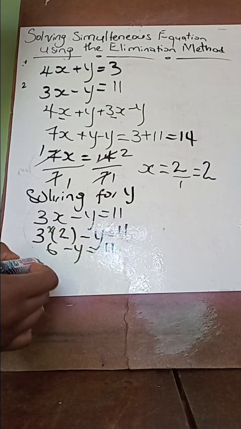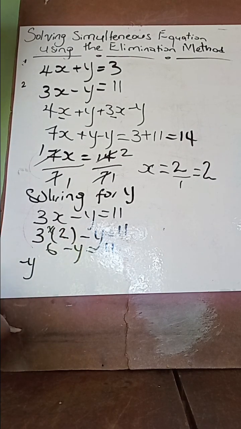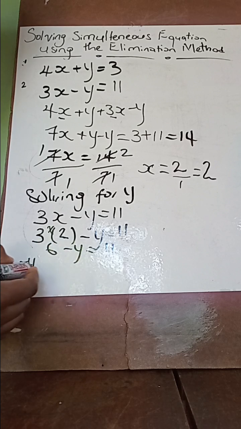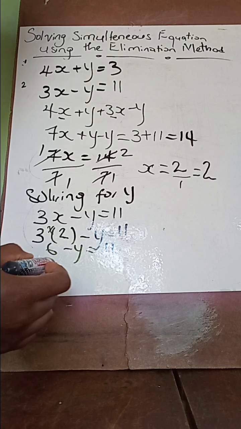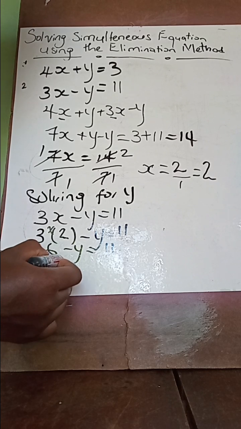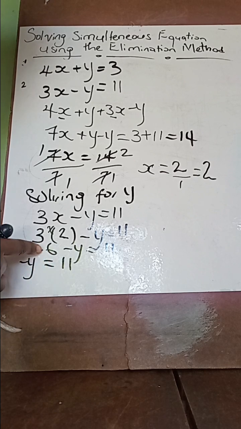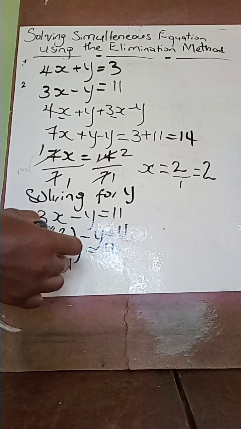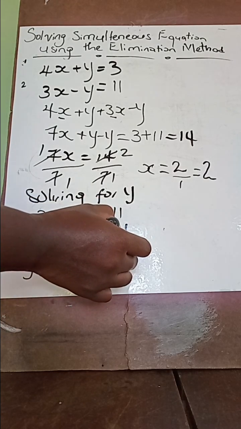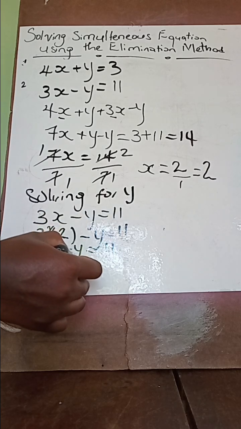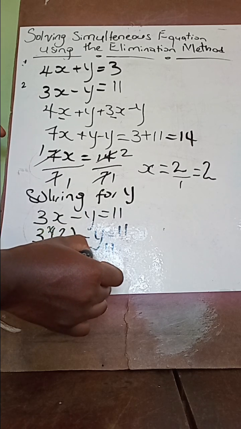Now we're going to add the negative y over to make y the subject of the formula, and then we're going to write back the equal sign and write back the 11. Now this 6 is a positive 6, right? We don't have the plus sign, but we know that it's a positive 6. So if we're going to bring the 6 over to this side, the sign is going to change to a negative, right?